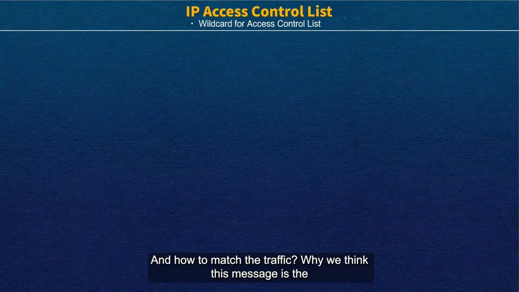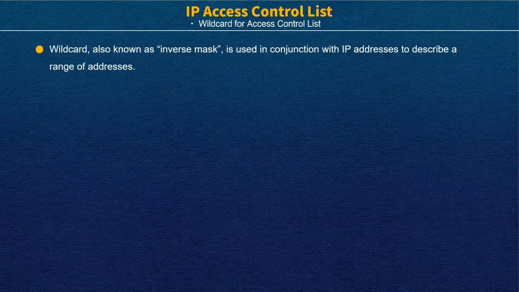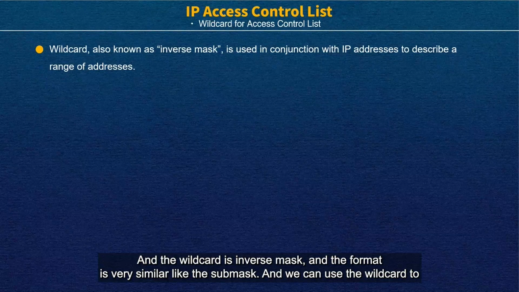And how do we match the traffic? Why do we think this message is the special message we want to control? We will use a wildcard to match the message. The wildcard is the inverse mask, and the format is very similar to the subnet mask.